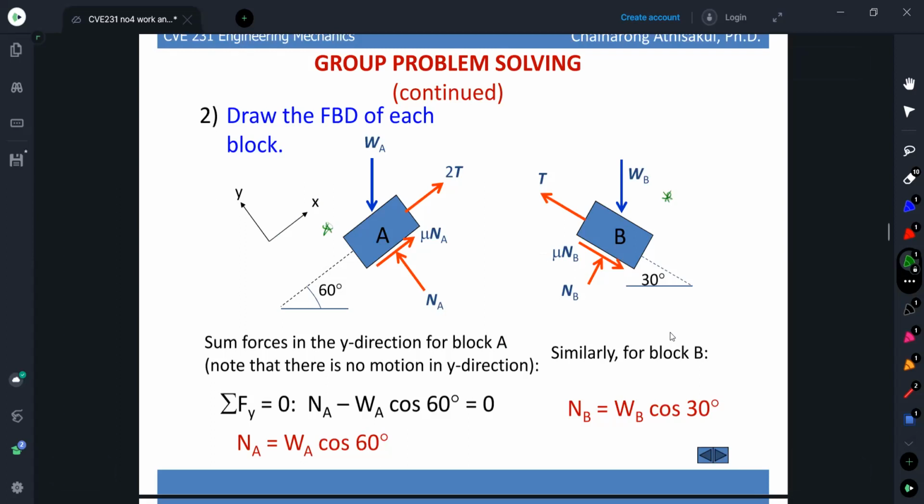According to this picture, NA is equal to WA cosine 60 degrees, and NB is the weight of B cosine 30 degrees. We use NA and NB to determine the friction force.